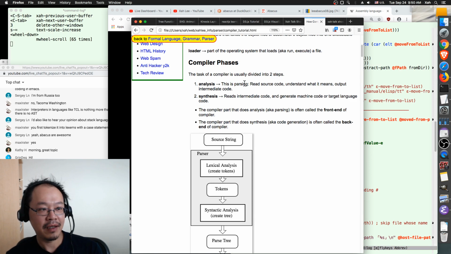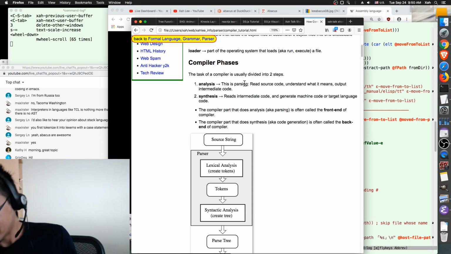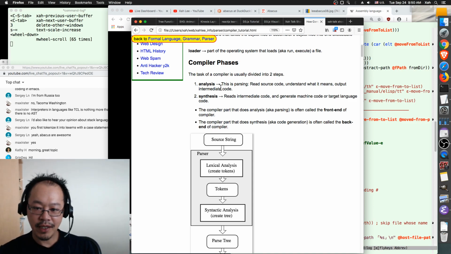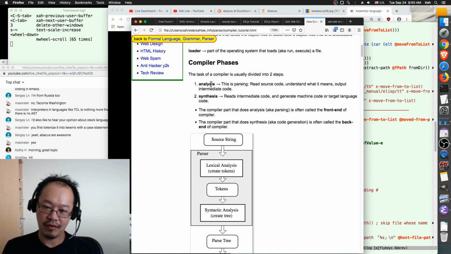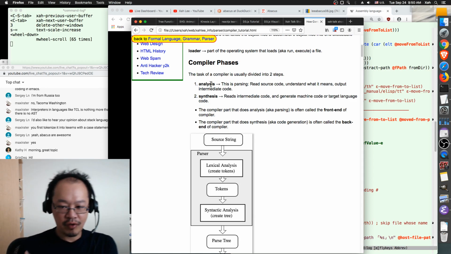For example, many compilers today compile Golang to JavaScript, or JavaScript to C, Lisp to C, where you are converting languages. So two steps. One step is just reading the source code, understanding it, and outputting in a format that's easier to understand. Then the second step is to read that format and output to whatever target language, machine language or whatever.